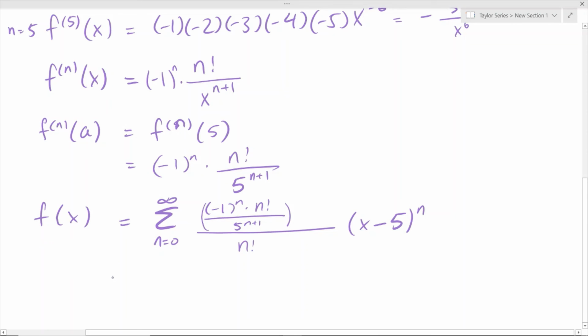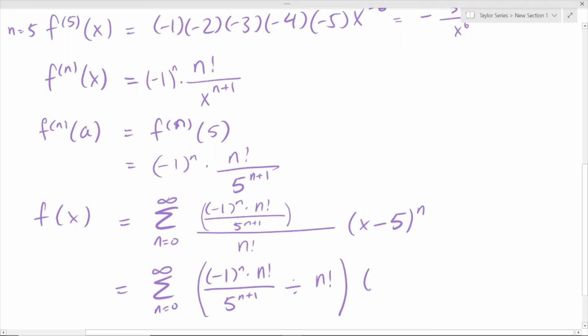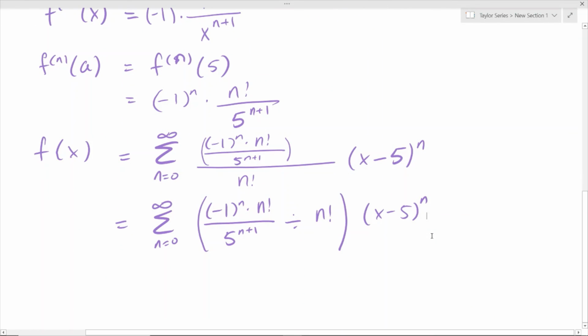Now let's simplify this a bit. So summation, and then it's going to be negative 1 to the exponent of n times n factorial all over 5 to the exponent of n plus 1, divided by n factorial. Now if we divide, we can flip, but I'll do that in the next step just to show you how it looks. So now let's flip it.